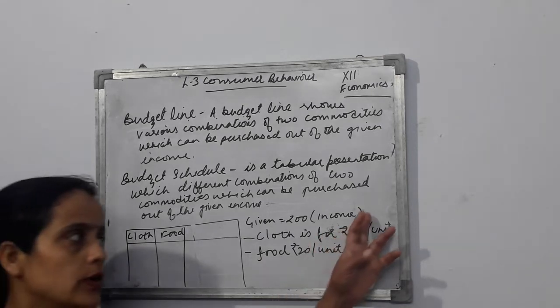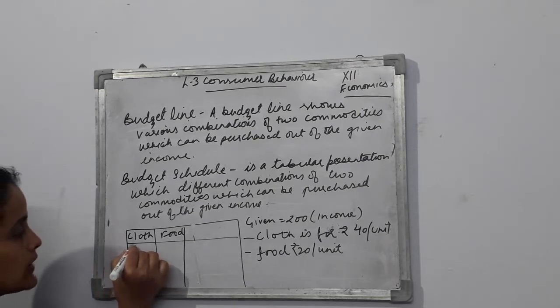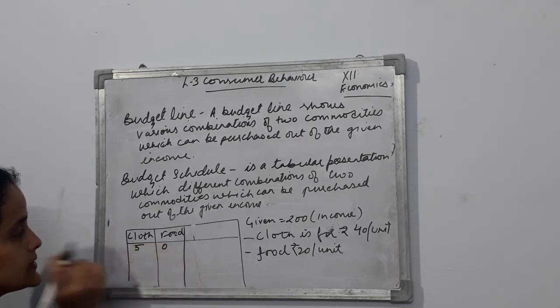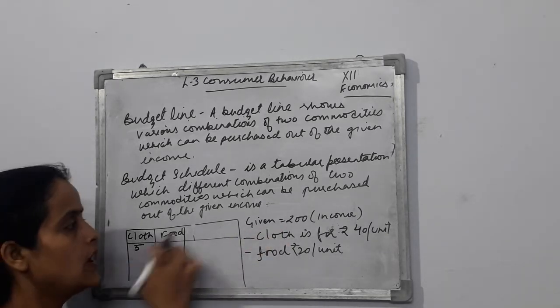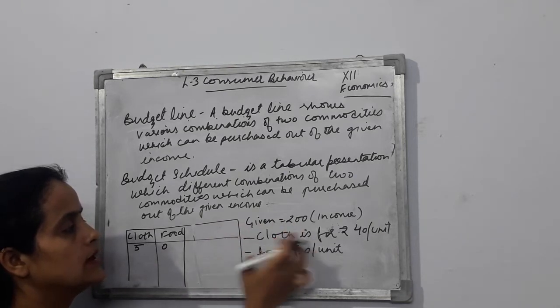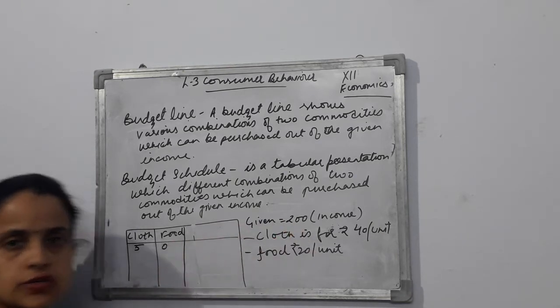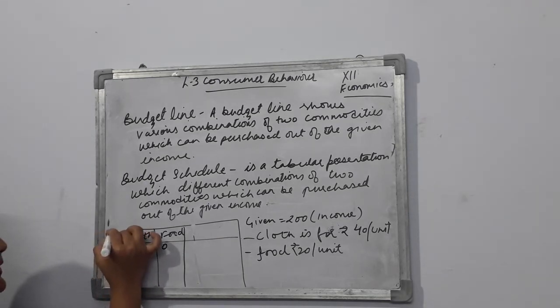That means you can spend only ₹200, not more than that, right? Now the combinations you have: either go for 5 of this and 0 of this. Either out of your income you purchase all cloth, 5 units of cloth, and you purchase 0 food. So this is your first combination. Right, these are the combinations.